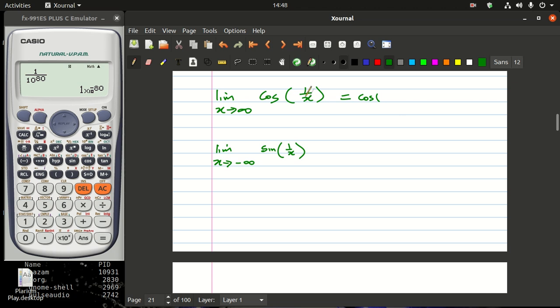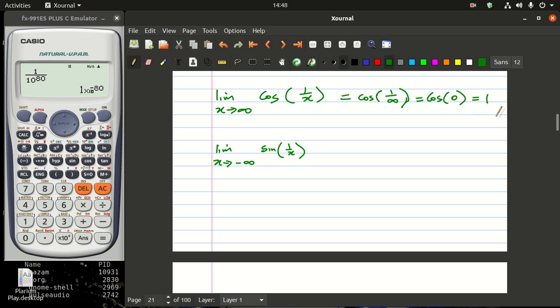So I can always take this and put this inside. If this is plugged in there, I'll end up having 1 over infinity. A constant over infinity, once you divide this, the answer is just going to be 0, because this is way too big. And we know that cosine of 0 is 1. So this limit is going to be 1.